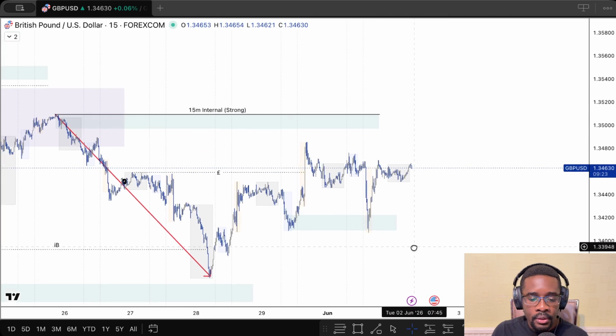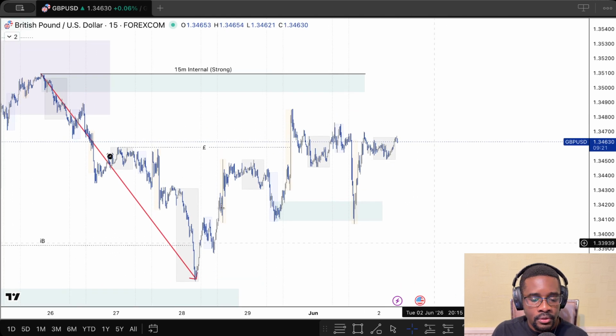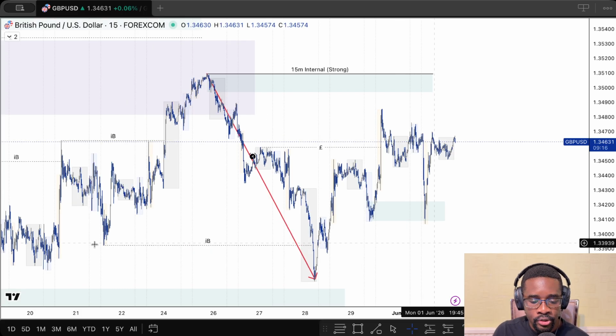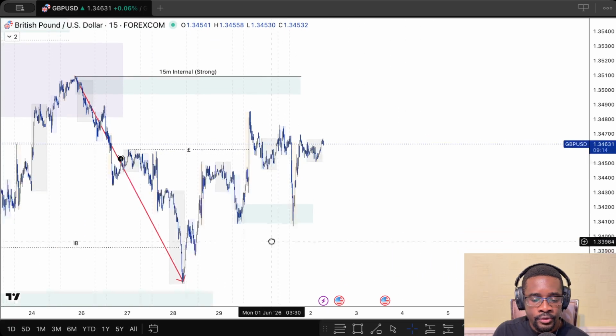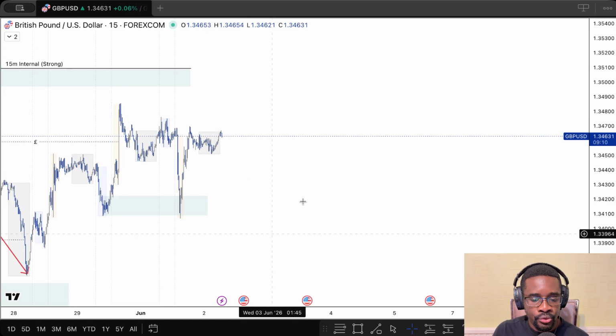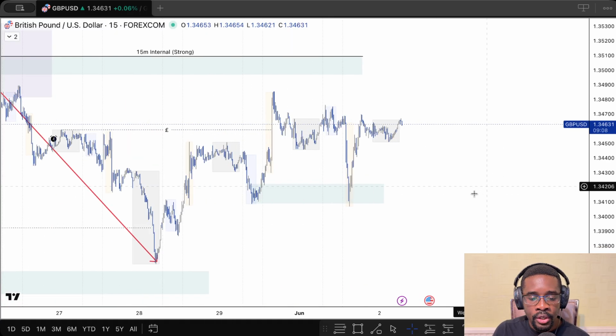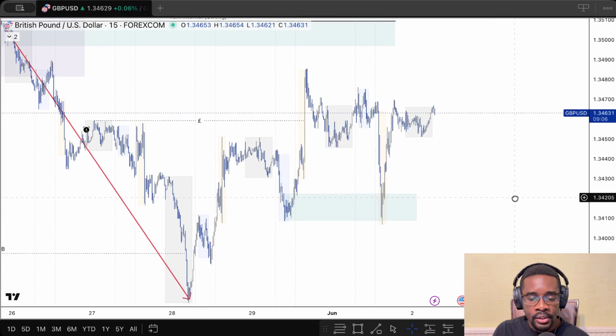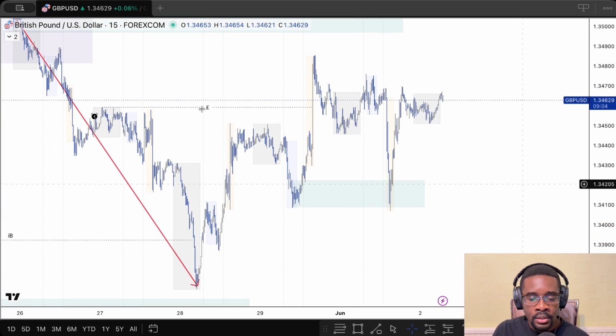So on the 15-minute, of course, the range is bearish. This is our internal, which is bearish. This was our last internal break of structure. And then similar situation to EU, but opposite, where this can be our sub-internal break of structure to the upside, which makes this bullish.